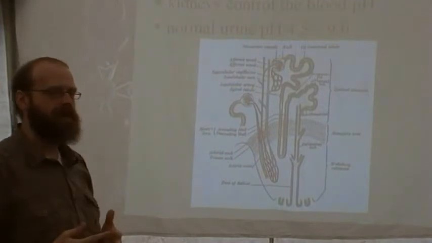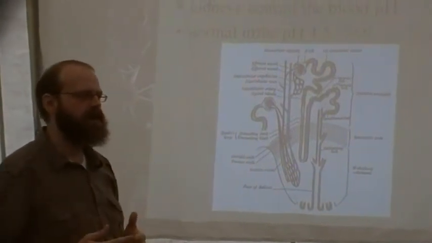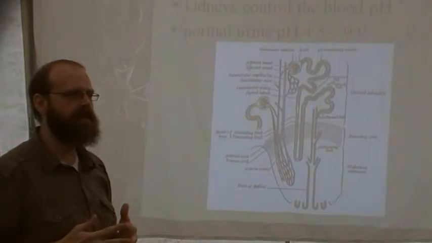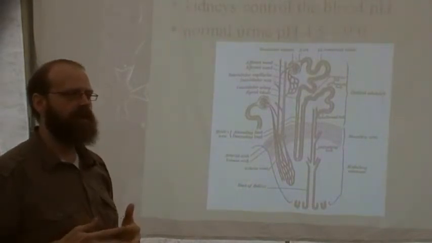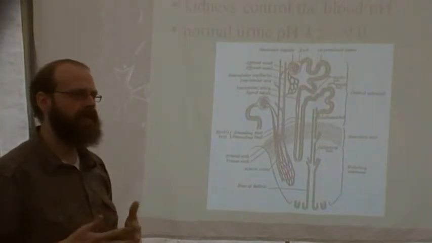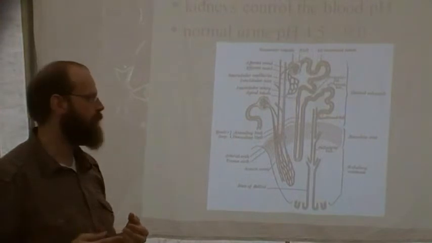Basically all the blood in our system goes through the kidneys. We have a volume of 5 liters of blood, and I don't remember exactly, but it's something like over 10 times a day that all that blood goes through our kidneys. So kidneys extract all waste materials from our blood, and these acids are one waste material.